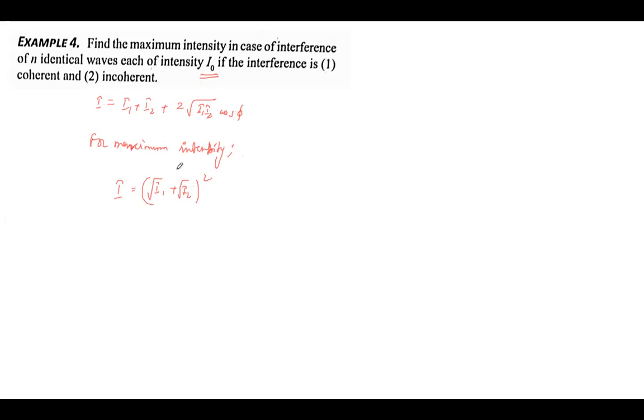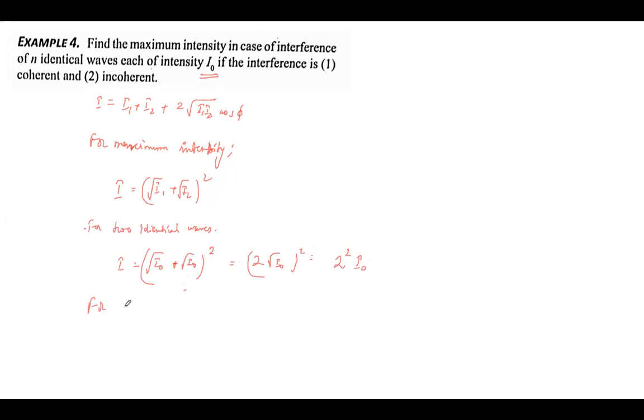नाउ सिमिलरली फॉर n आइडेंटिकल वेव्स, तो अगर आइडेंटिकल वेव्स है, पहले तो फॉर 2 आइडेंटिकल वेव्स हमारे I क्या हो जाएगा, (रूट I नॉट प्लस रूट I नॉट) का होल स्क्वायर, 2 रूट I नॉट का होल स्क्वायर. So this is 4 I naught.